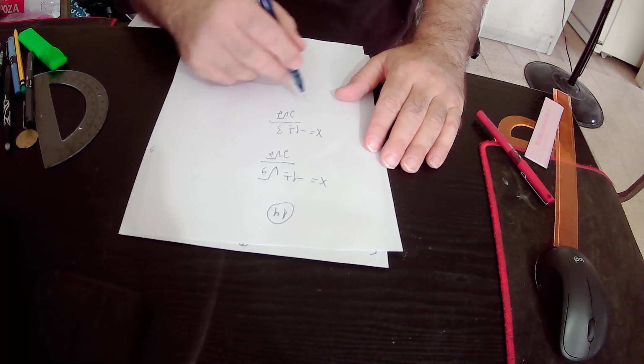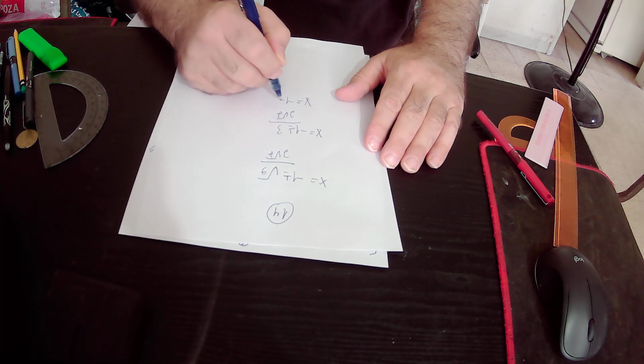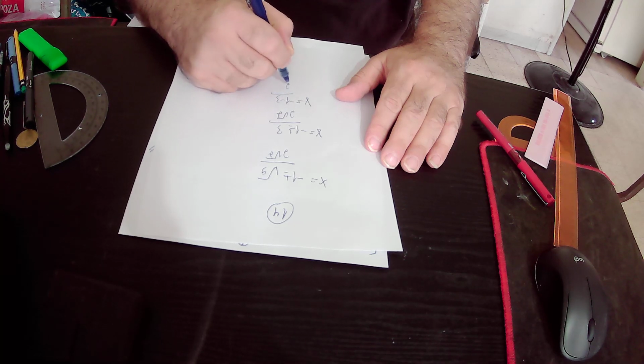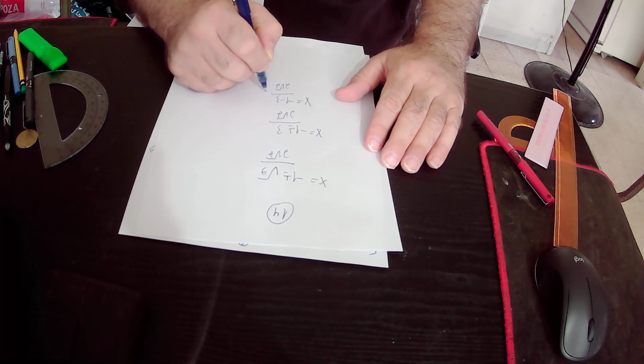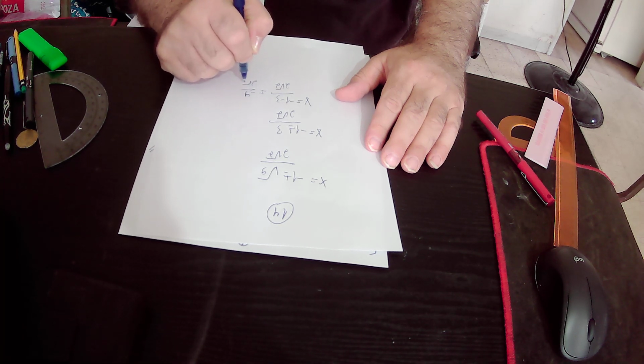The first solution is that x equals minus 1 minus 3 over 2 times root 2. Minus 1 minus 3 is minus 4, over 2 times root 2.